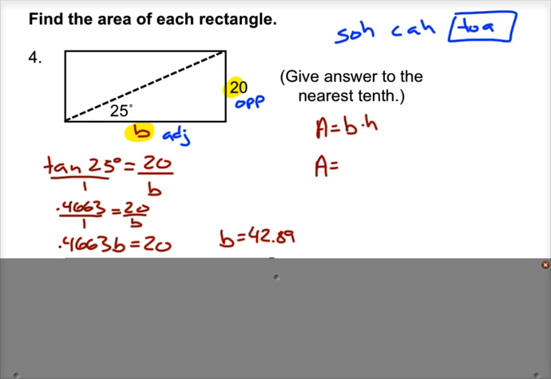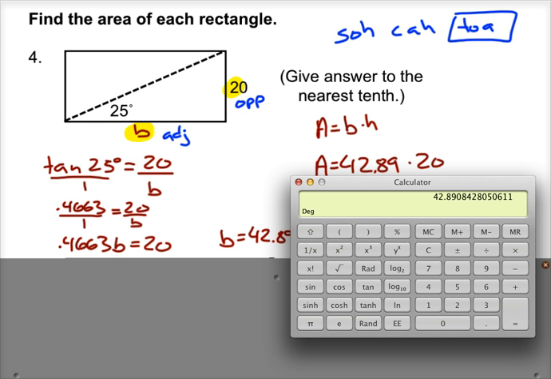The area is going to be the base, 42.89, times the height, which I know is 20. And then the answer to this is what I will round off to the nearest tenth. So 42.89 times 20 is 857.8.